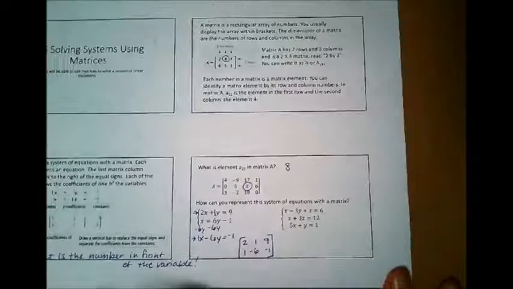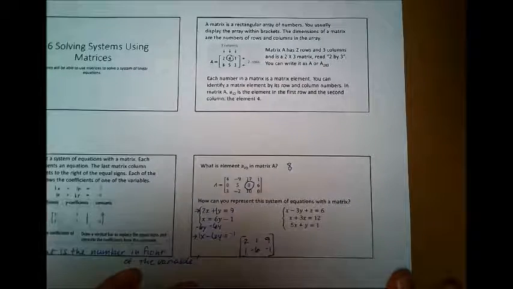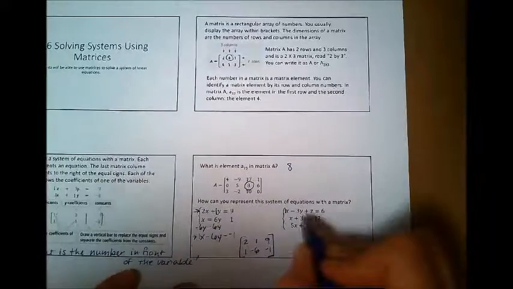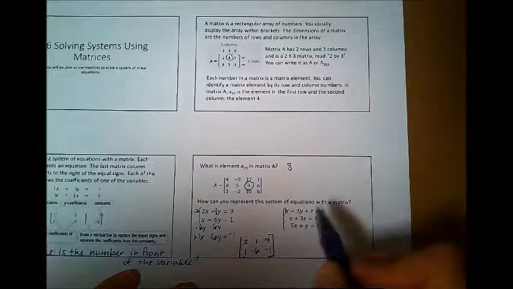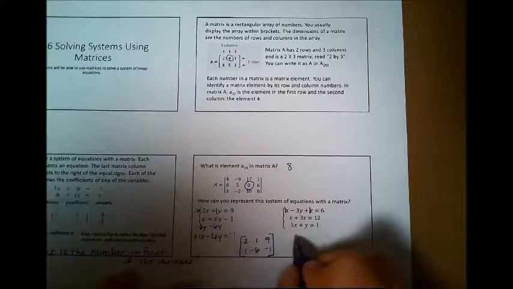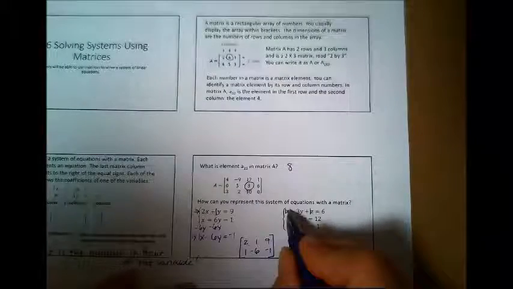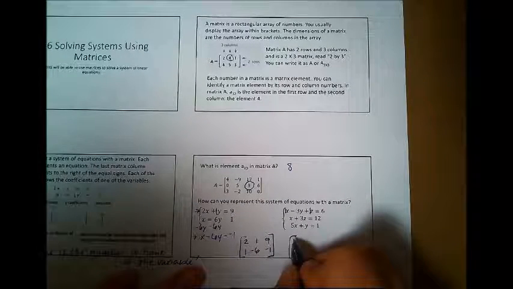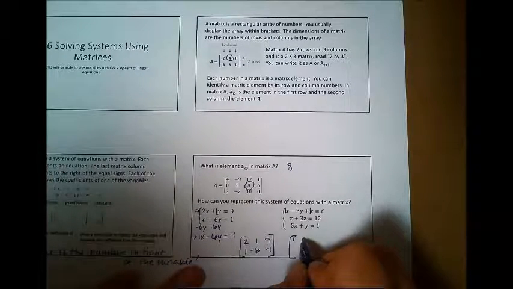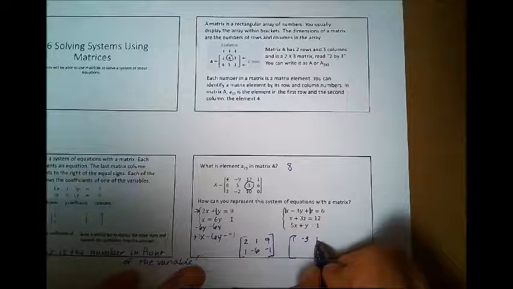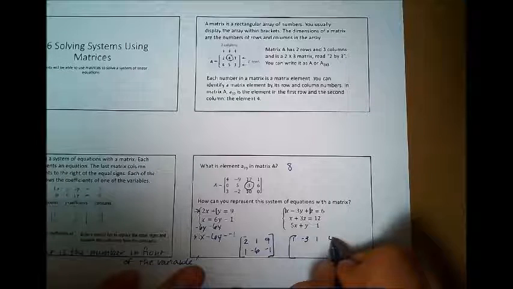Let's try this next one. It's a little bit trickier, but it's not horrible. So we have the first equation has 1x minus 3y plus 1z. So we'll make our bracket. We're going to have 3 rows this time because we have 3 equations. So that first row, we're going to have a 1 for the x, a negative 3 for the y, and a 1 for the z, and a 6.